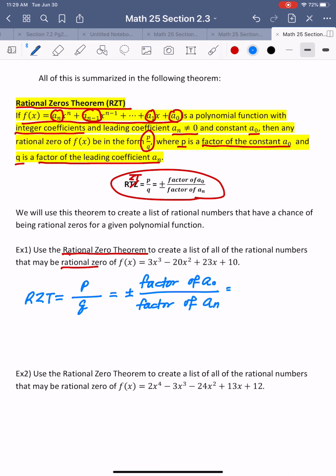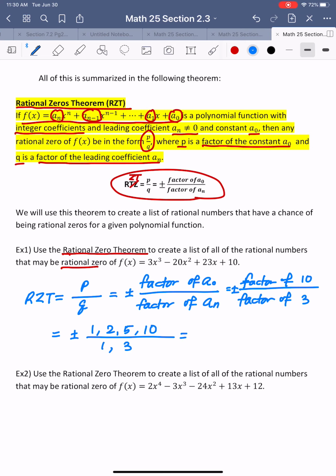So plus minus, the factor of a sub 0 is 10 here, and the factor of a sub n is 3 here. So now I'm going to write down all the factors of 10, which are 1, 2, 5, and 10. And the factors of 3 are 1 and 3. Okay, and then you just need to put that as the ratio, okay?